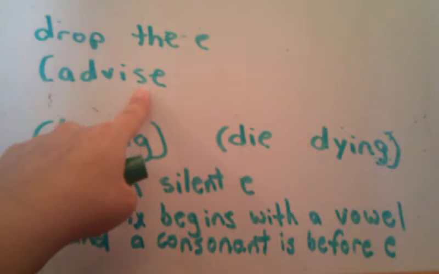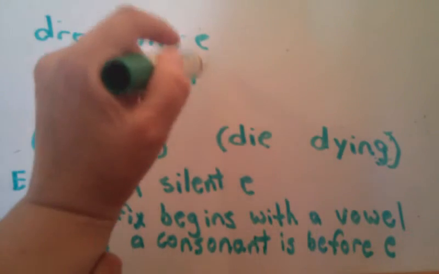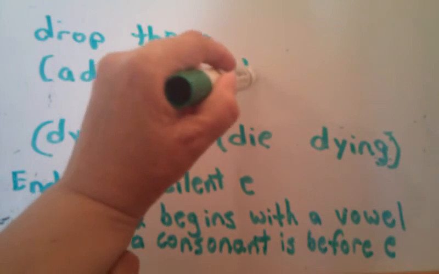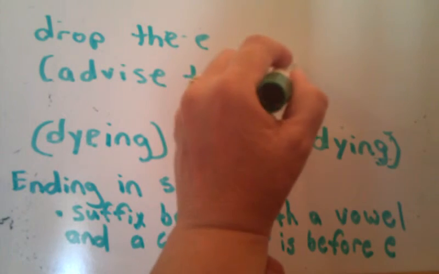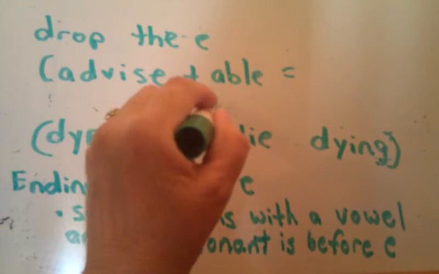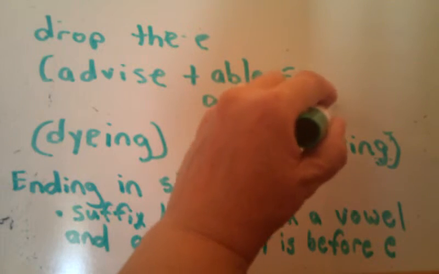There's a consonant before the E, and I want to add able to it. I'm just going to drop this E. So it's going to be advisable.